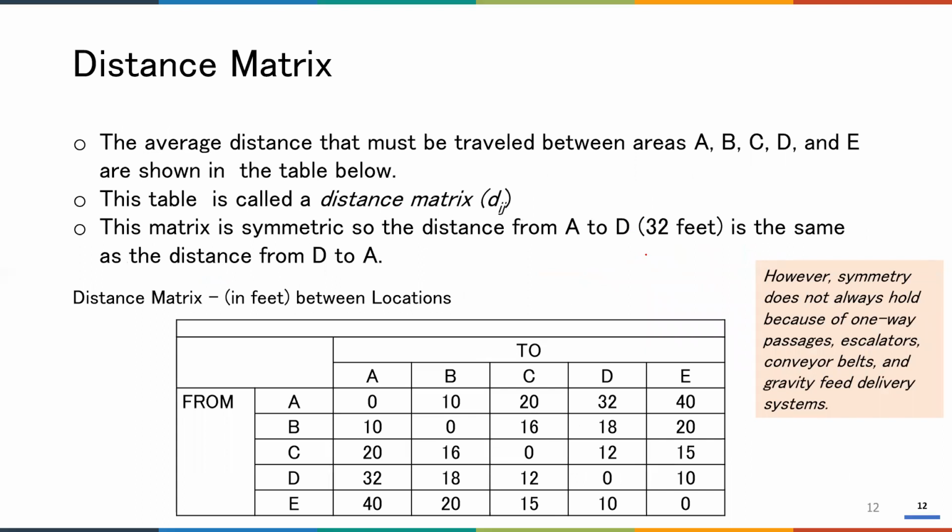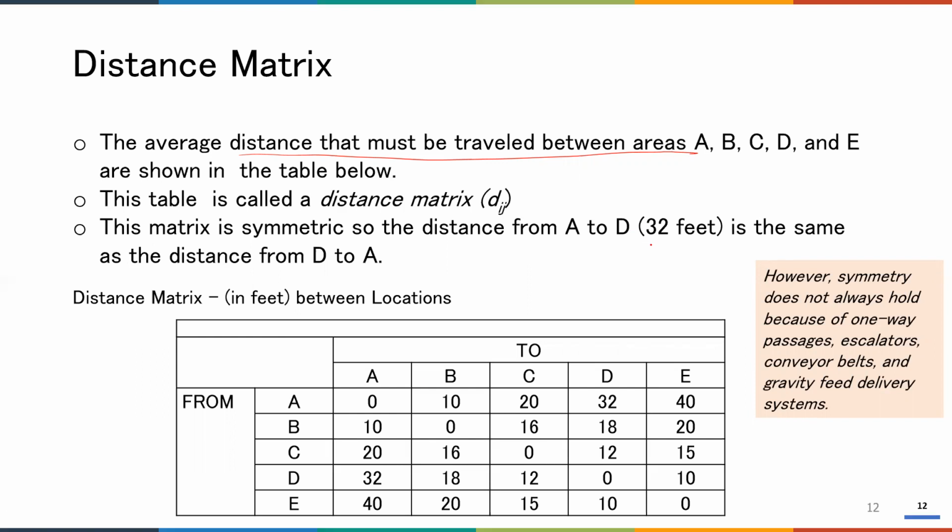And from there, we develop the distance matrix, which means it's the distance that must be traveled between all the areas. So in the from-to chart I mentioned that it is basically asymmetric, but when we talk about the distance matrix, it commonly is symmetric, because the distance will not change from one location to another unless we use a different type of material handler.